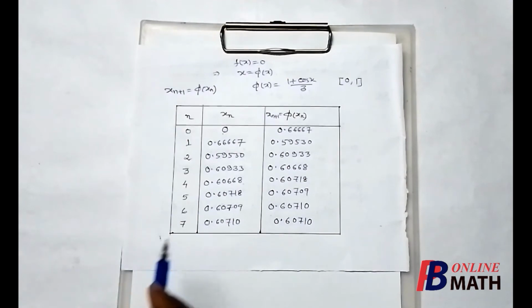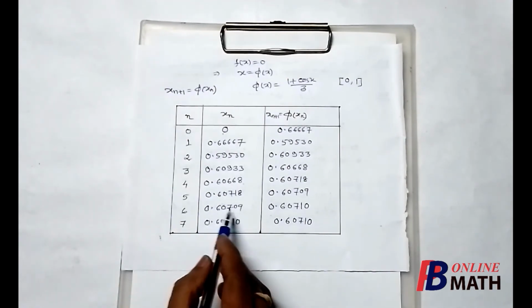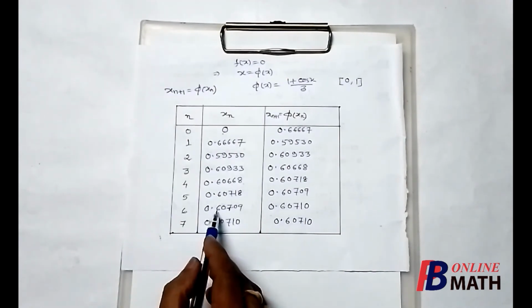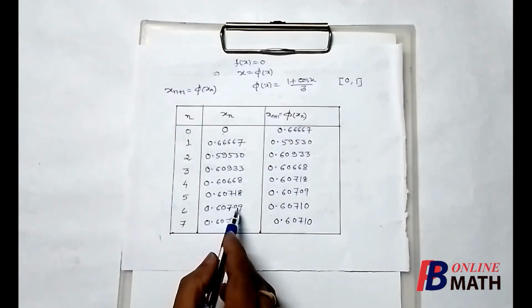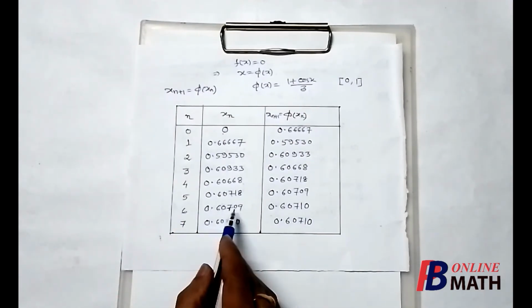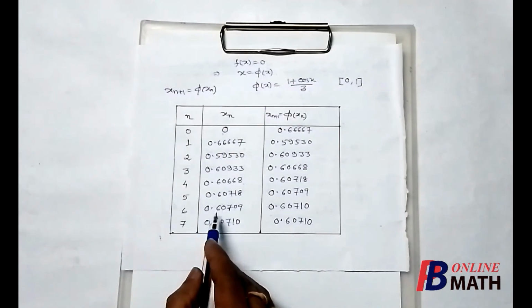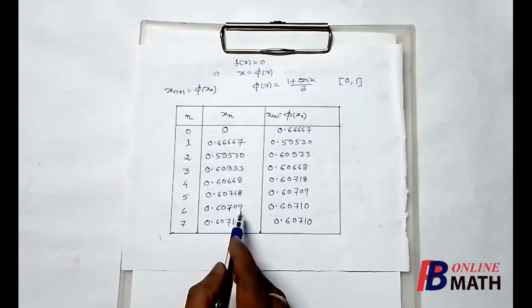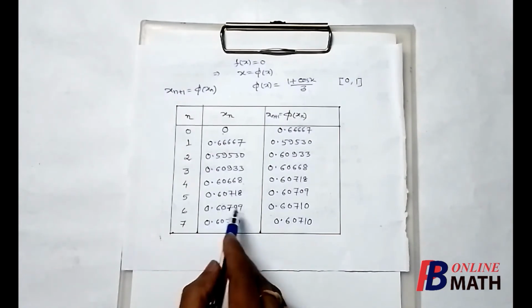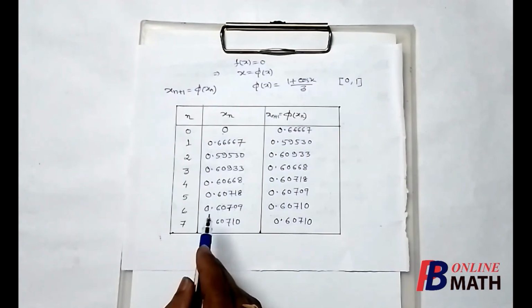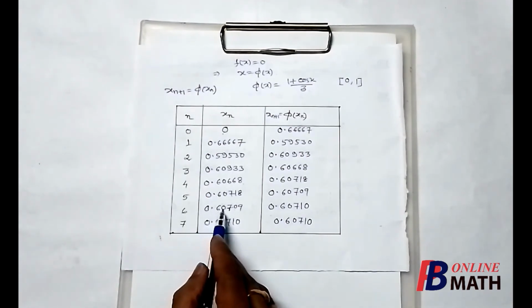So if we consider this value at the 6th step, it is 0.60709. If we round it to 4 decimal places, then 1, 2, 3, 4. Then we have to check the 5th figure, which is 9, which is obviously greater than 5. So this value correct up to 4 decimal places will be 0.6071.